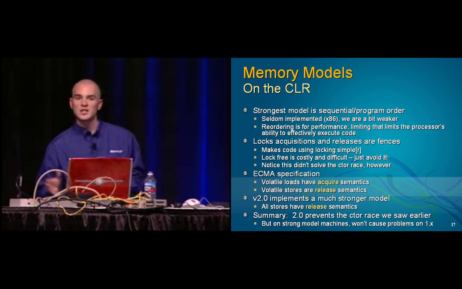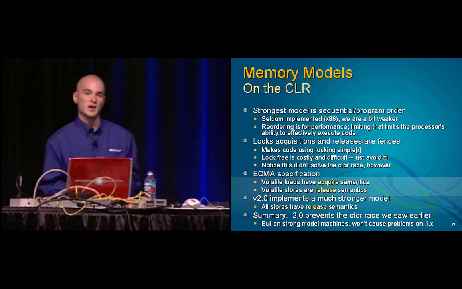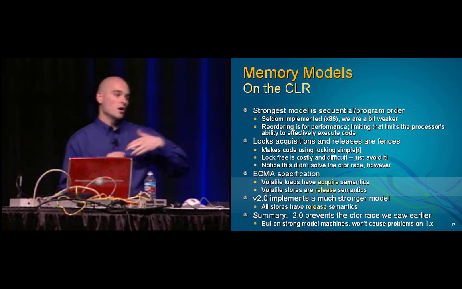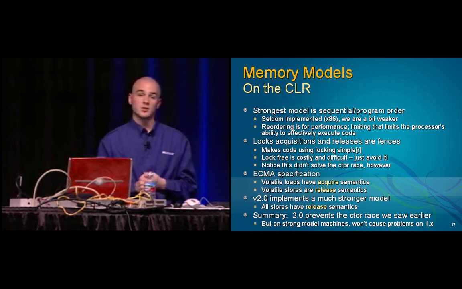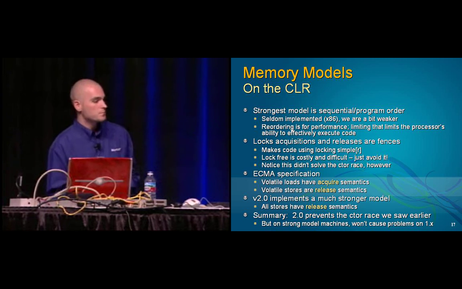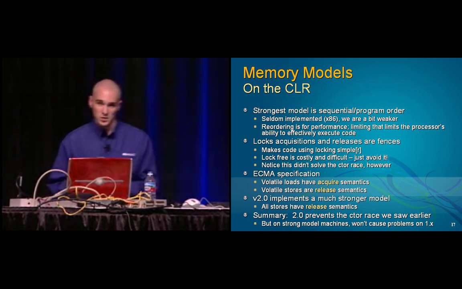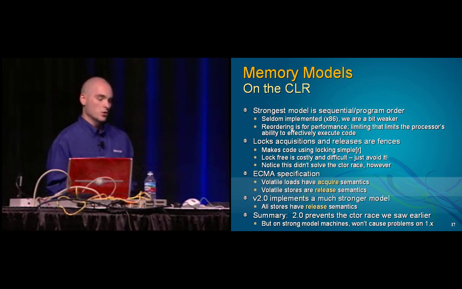It's not because they like to make your programs incorrect. It's because they're actually trying to make your code run faster. And if you go with a sequential or program order memory model, it severely constrains their ability to do that. So we don't implement the strongest model, but we do implement something fairly close.